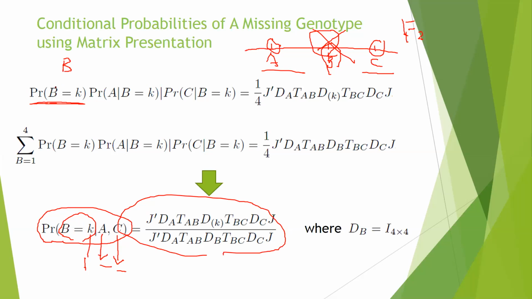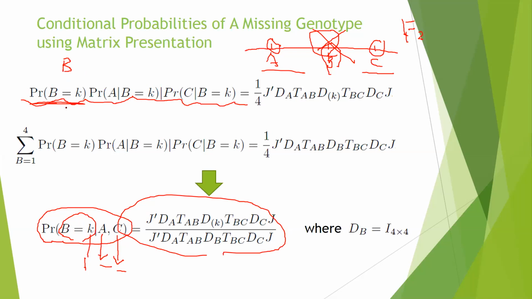You are very familiar with this formula, right? Early this morning we talked about how we calculate the joint probability if there's no missing genotype. We start from A, the starting point of the Markov chain, and step by step you can calculate the joint probability for A, B, and C.